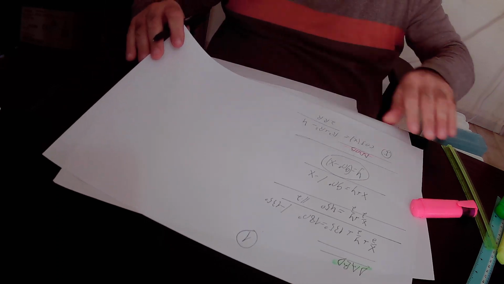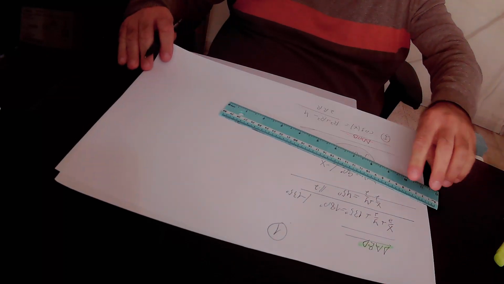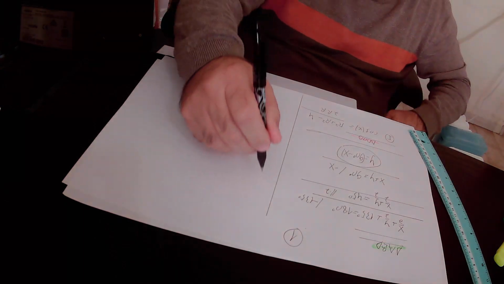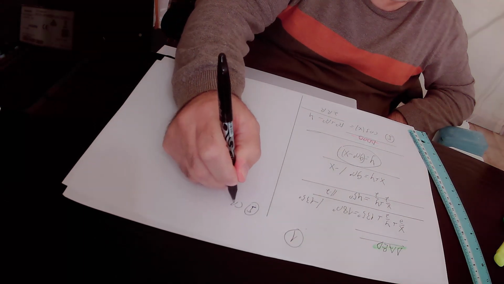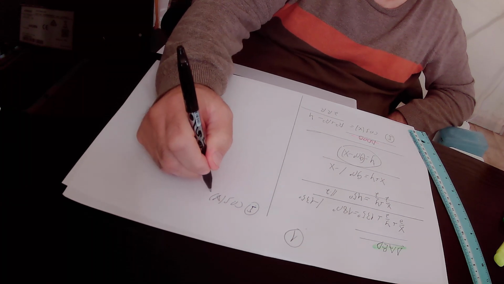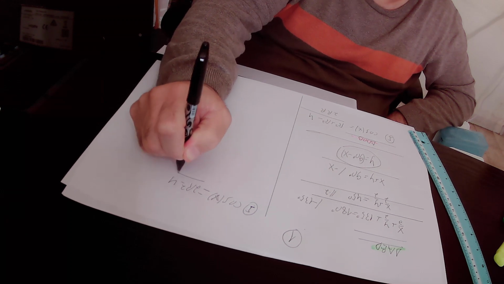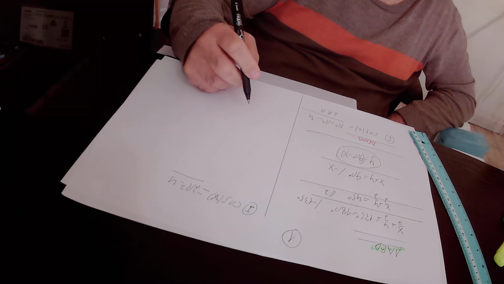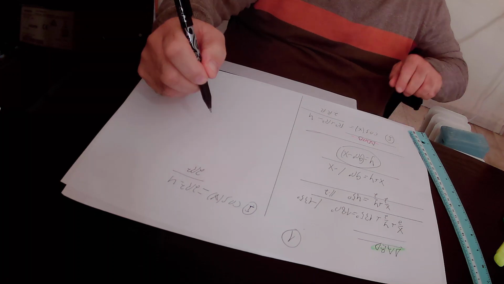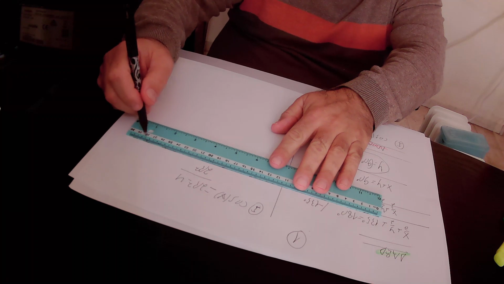So according to equation number 1, cosine x equals r squared plus r squared is 2r squared, minus 4, over 2 times r times r is 2r squared. So cosine x according to equation number 1 equals 2r squared minus 4 over 2r squared.